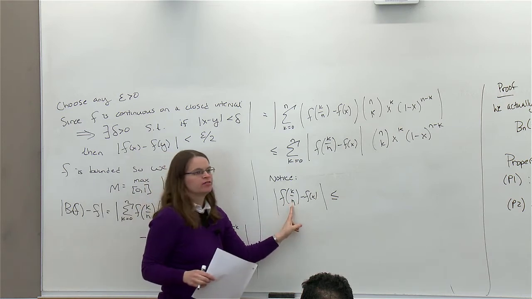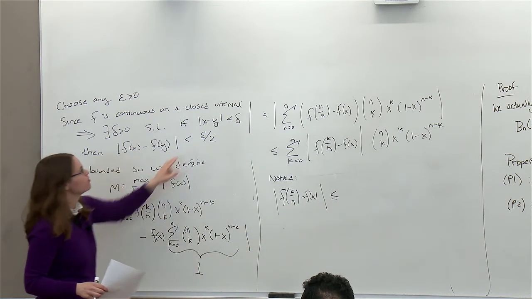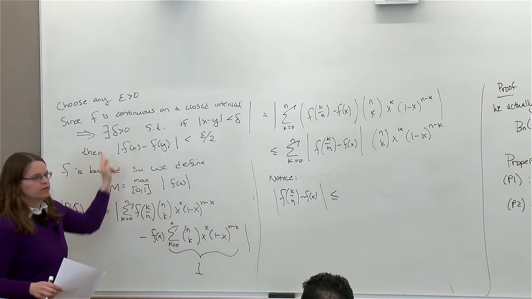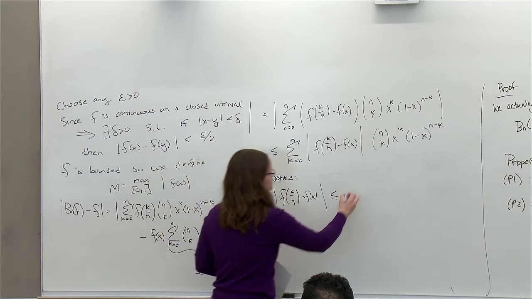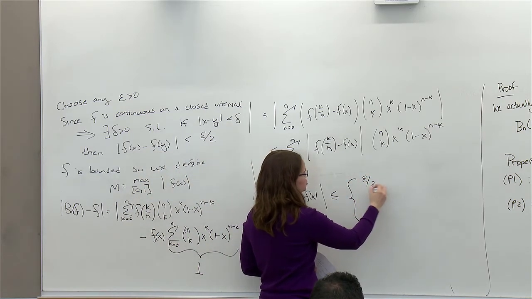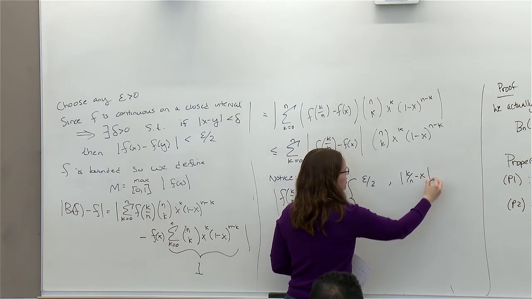Certainly not for all values of k over n or all values of x. It only worked if they're close together. If x minus y is less than delta, then we can easily bound this sum. So I'm going to say this is less than epsilon over 2 if k over n minus x is less than delta.